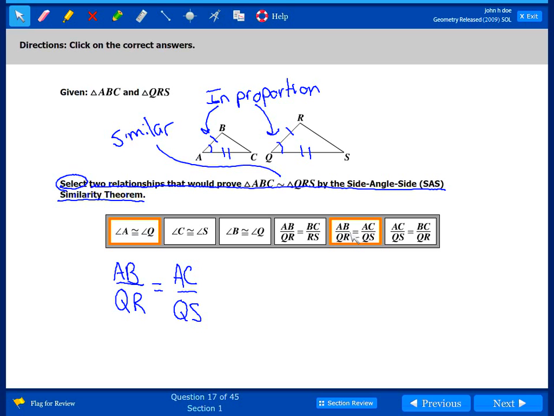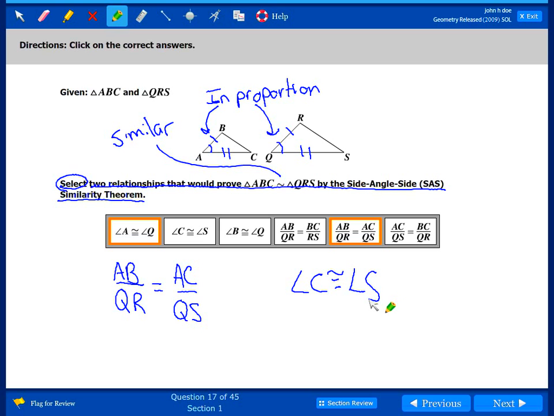We have to try the different angles and then see what works out. Another one that would be an answer that isn't one of our options. So if we had angle C is congruent to angle S, we would also need two sides to be in proportion.